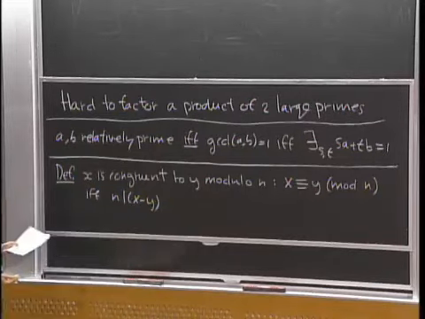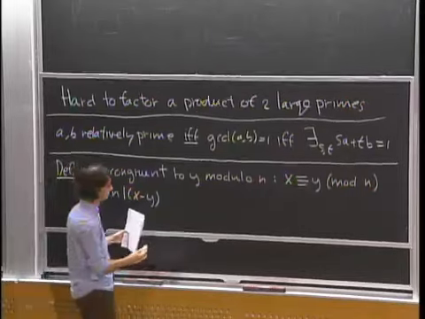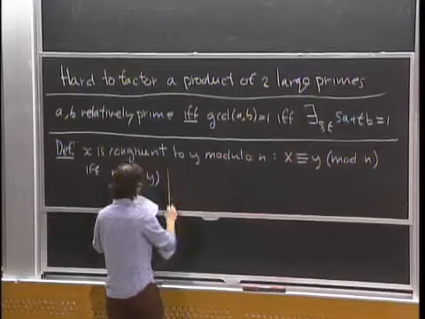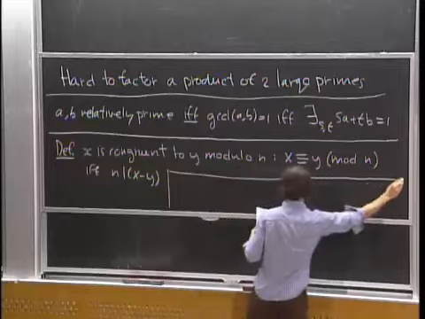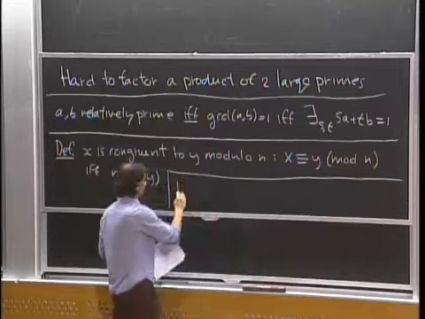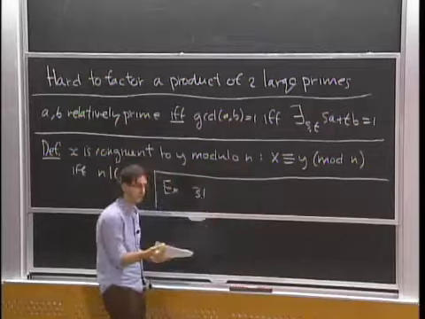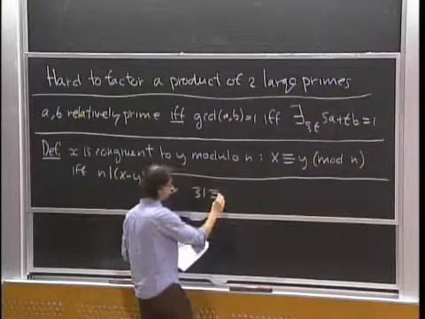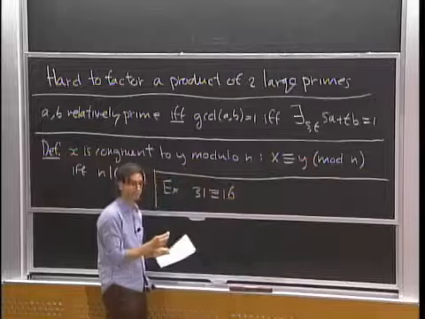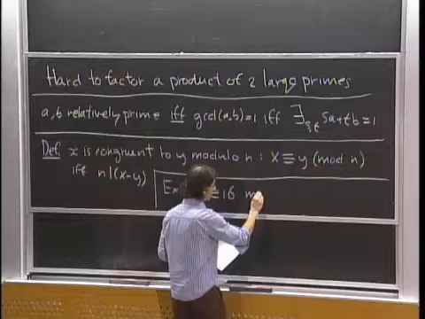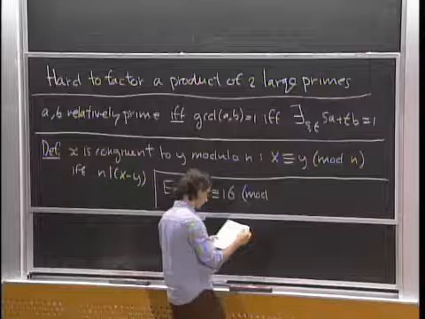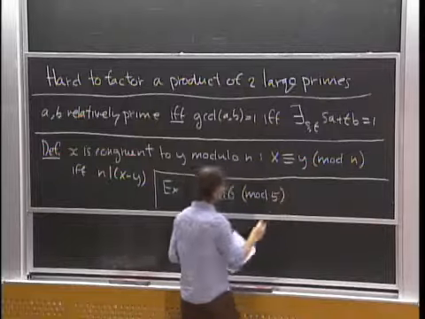So let's have a look at some examples. Let's take 31. And I'd like to show to you that this is congruent to 16 modulo, between brackets, 5. Why is this?